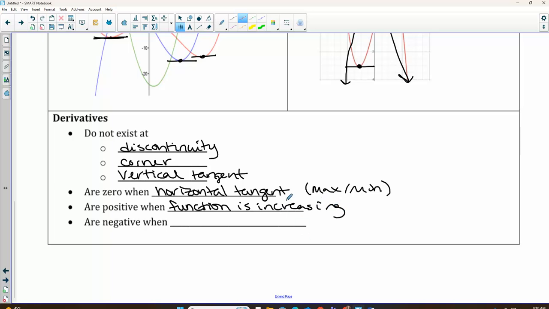And when is a derivative negative? It's decreasing. Any questions about that stuff, the graphs or characteristics?